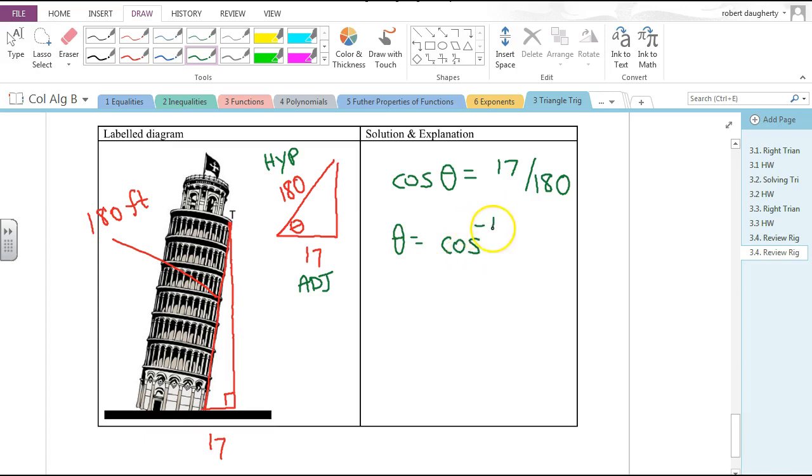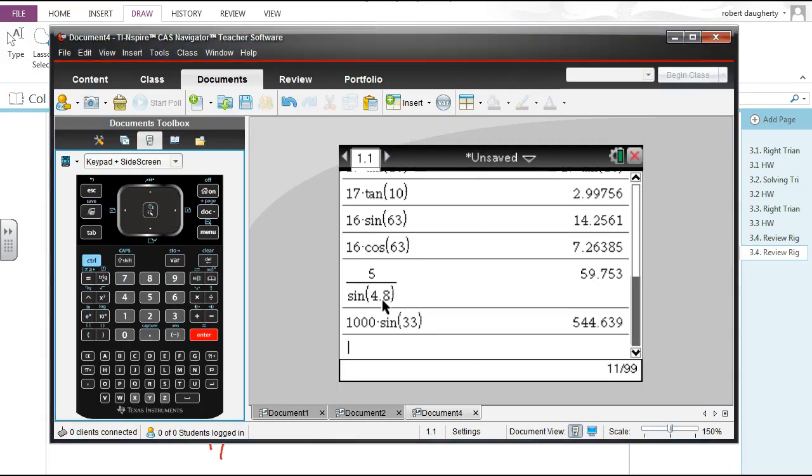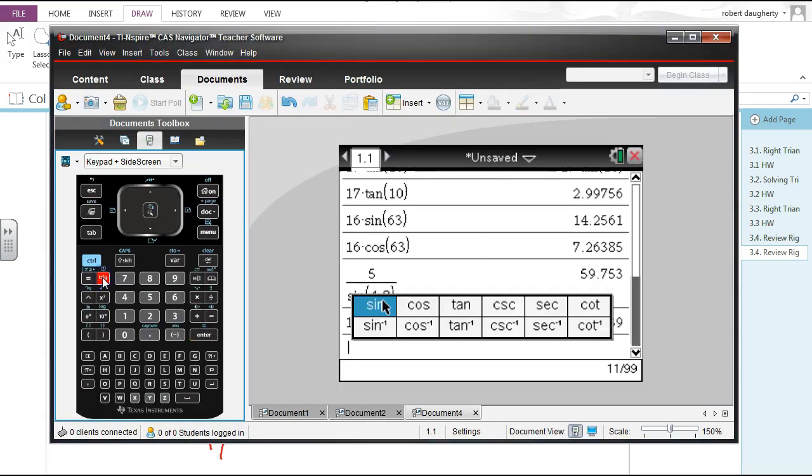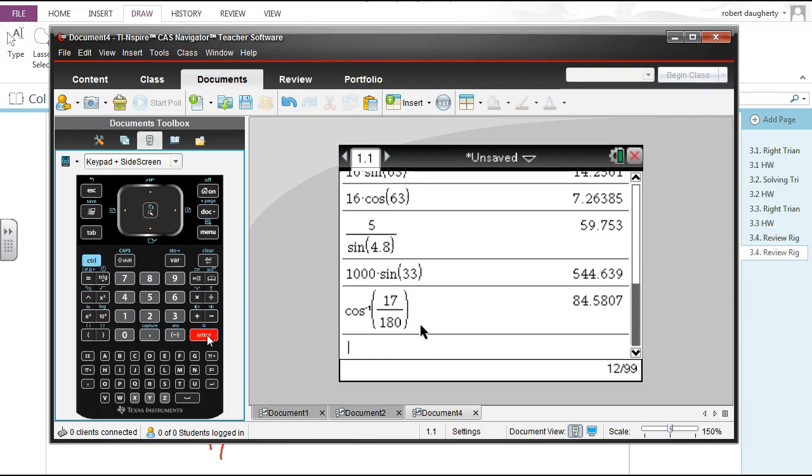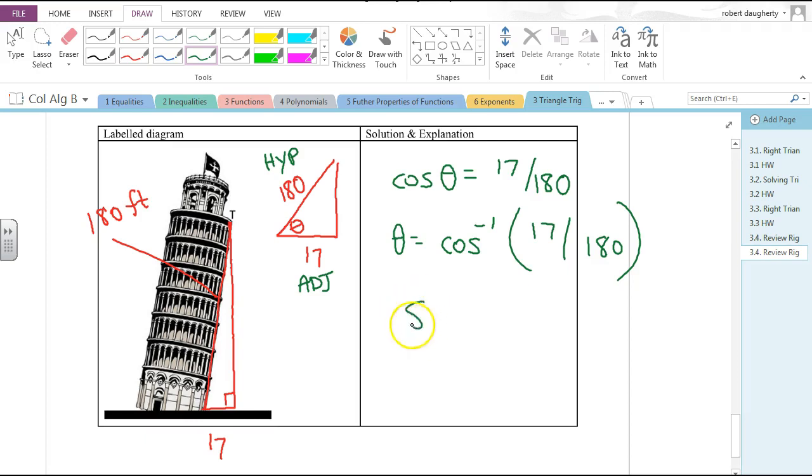So I need to figure out the inverse cosine of 17 over 180. If I go to my calculator, the inverse cosine of 17 divided by 180 is 84.58 degrees.